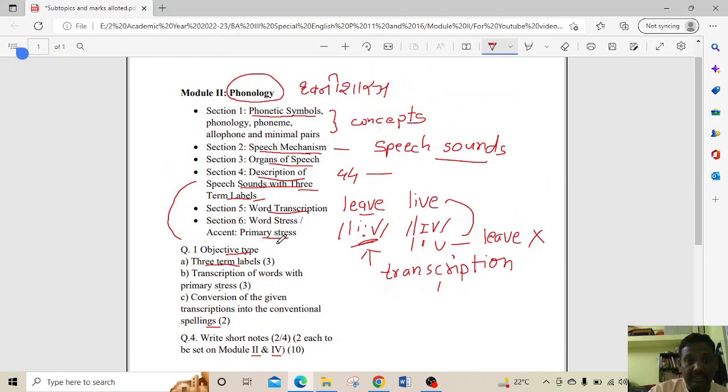Comparatively, this module 2nd phonology is a long module and a lot of primary concepts related with the study of language are included in this module, and you have to concentrate to understand them, because if you understand this module, the coming next modules, which are based on this module, that is phonology, you will definitely understand.